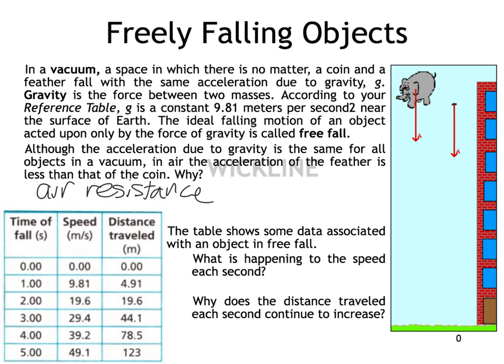That's why we say meters per second squared, because it really means meters per second per second, or how much speed you're changing every second. So you're adding 9.81 each time.